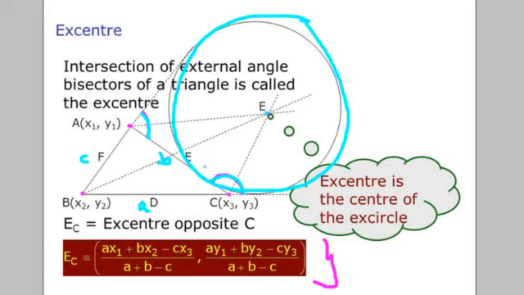All these formulas are derived from the section formula.